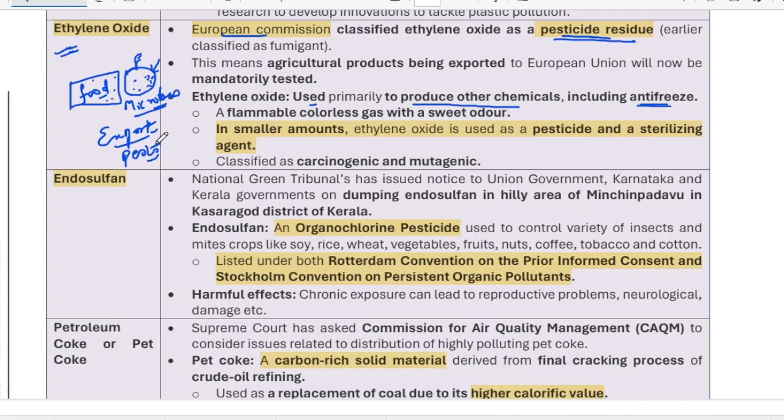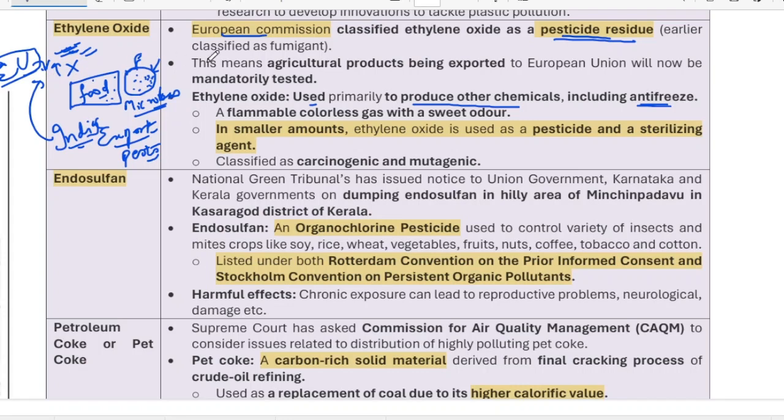Now when ethylene oxide is used before export, its residue can be there in the food also. When food is exported from India or any developing country to the European Union, till now there was no restriction on ethylene oxide. But now the European Union will test all the food coming from outside for ethylene oxide, and hence this food can be rejected and the export will not be permitted.